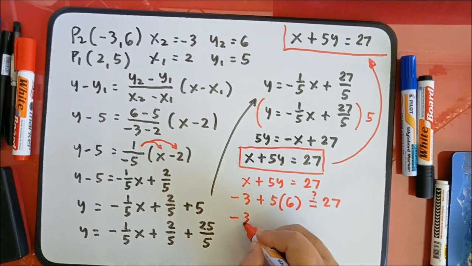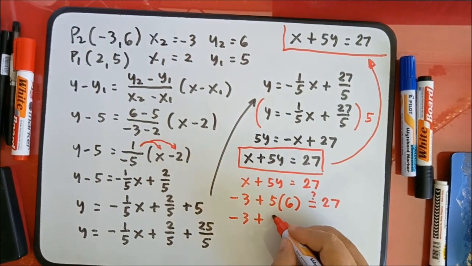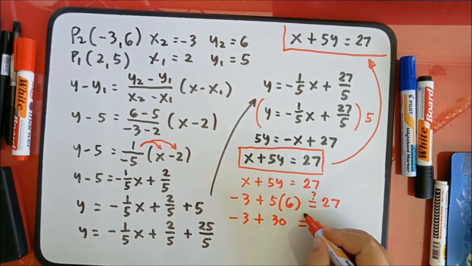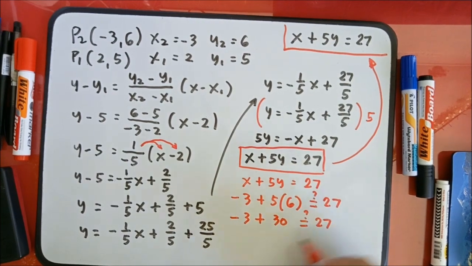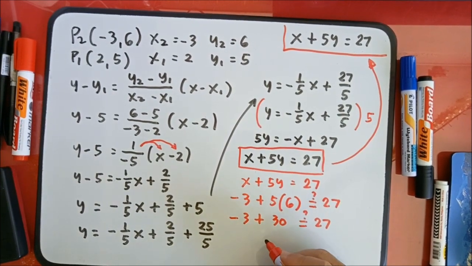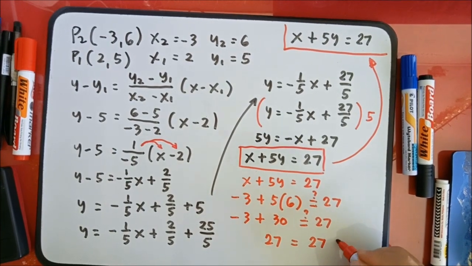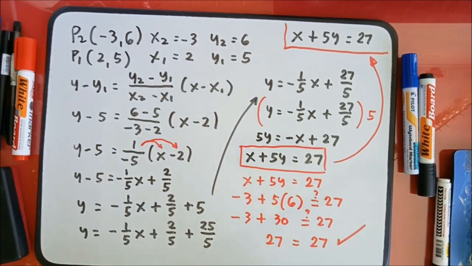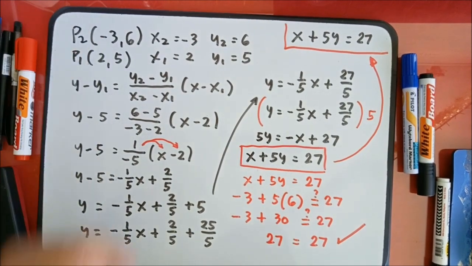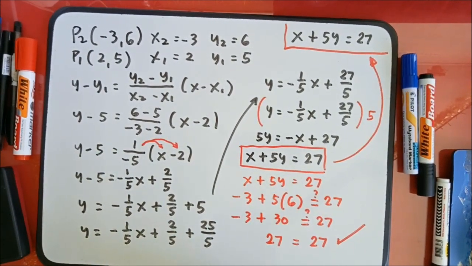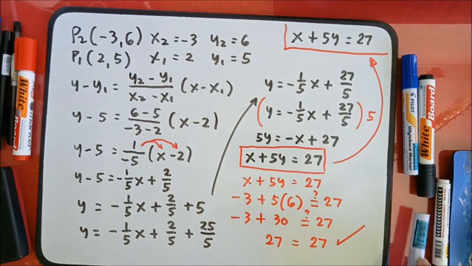So, negative 3 plus 5 times 6 is 30. Pareho ba sa 27? Okay, negative 3 plus 30 is 27. Therefore, equal sa 27. Correct. So, this is your solution set of this equation. Okay, malinaw? Okay.